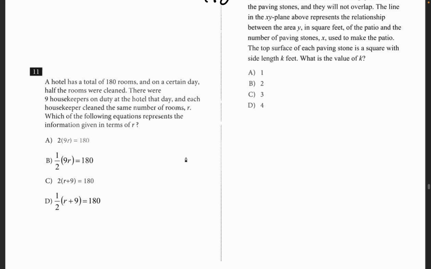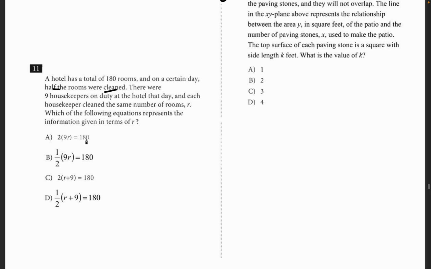A hotel has a total of 180 rooms, and on a certain day, half the rooms were clean. There were 9 housekeepers on duty at that hotel that day, and each housekeeper cleaned the same number of rooms. Instead of making an equation, let's just rule these out. They all have 180 rooms, but half were clean. If we divide this by 2, will we get 90? Yes, we would. So this works.